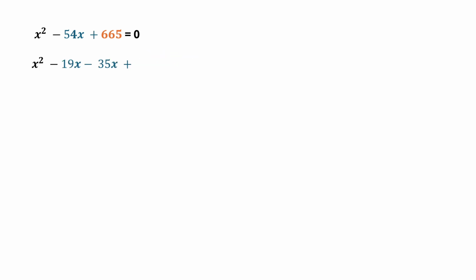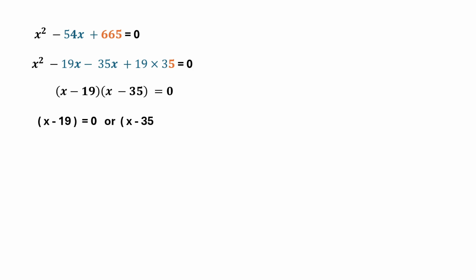So we get two brackets, x minus 35 times x minus 19 equals 0. This gives us two potential answers, x equals 35 or x equals 19. But wait, in Olympiad math, you always have to check for extraneous solutions.